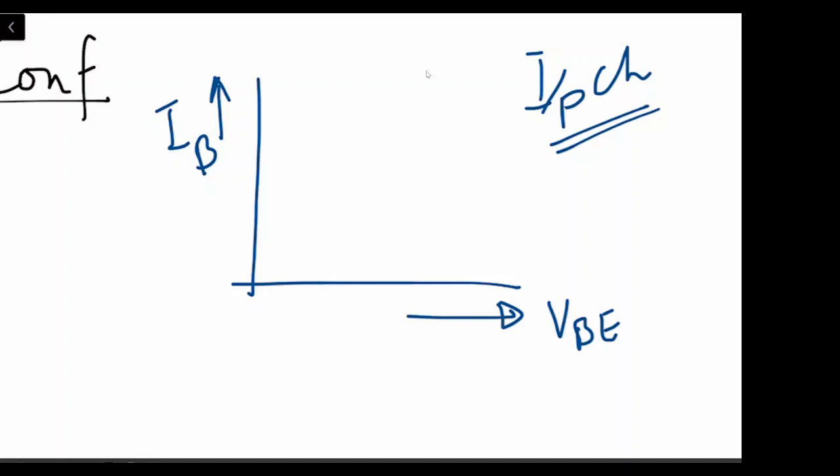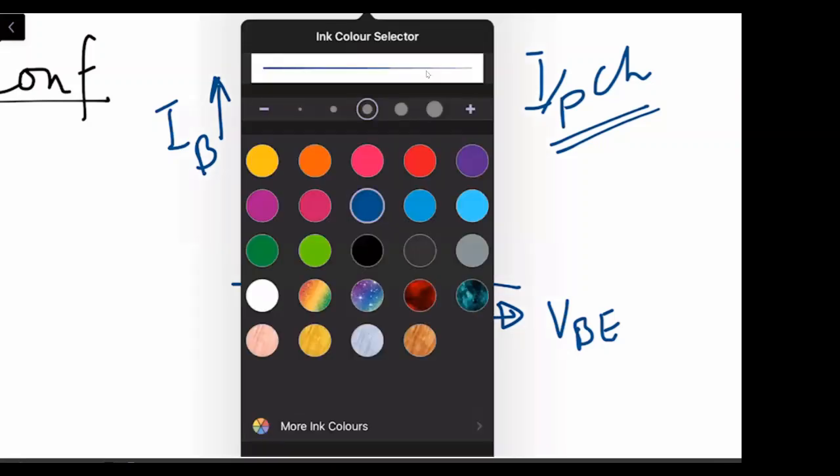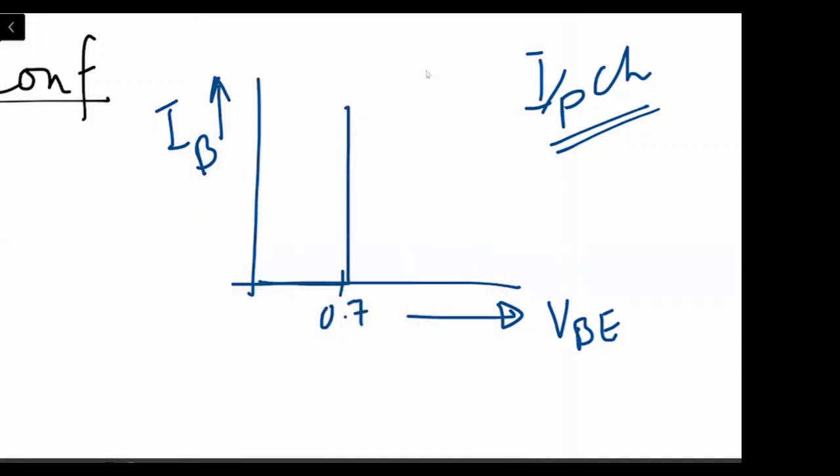So as you know, the base emitter junction needs to be forward biased. In forward bias, the drop across the diode is normally 0.7 volts, right? So if we take the practical diode, it will be something like this, and if we take the piecewise linear model, it will be something like this.